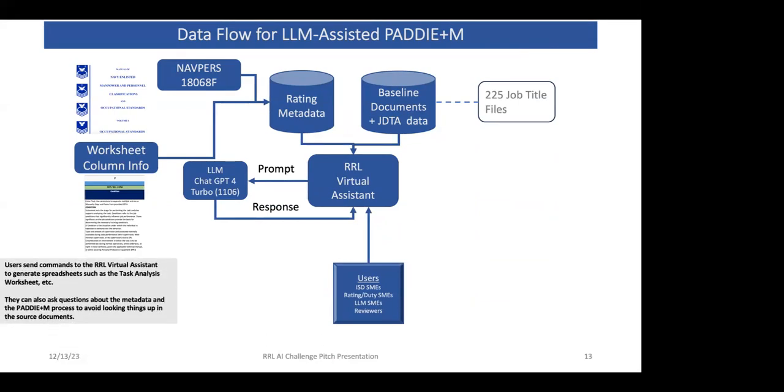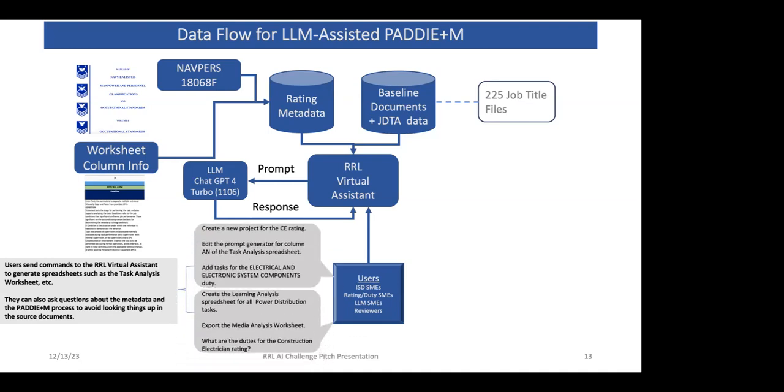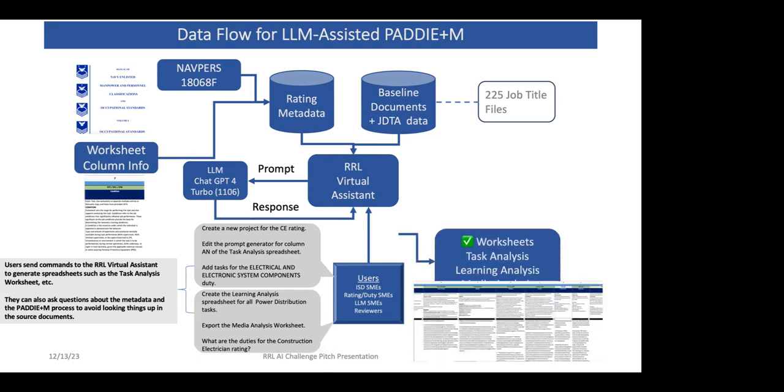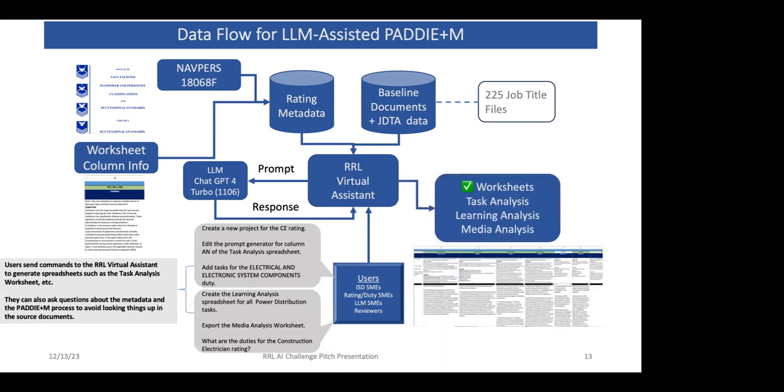And the users of the bot are able to send commands to the RRL virtual assistant to make it generate the outputs, and they can review intermediate outputs, and they can create the actual artifacts like the worksheets and the IPRDs that are required here. And they can say things like create a new project or edit the prompt generator, the PGL. And at the end of the day, they're going to have a set of artifacts, including the worksheets that are needed for the process. Okay.